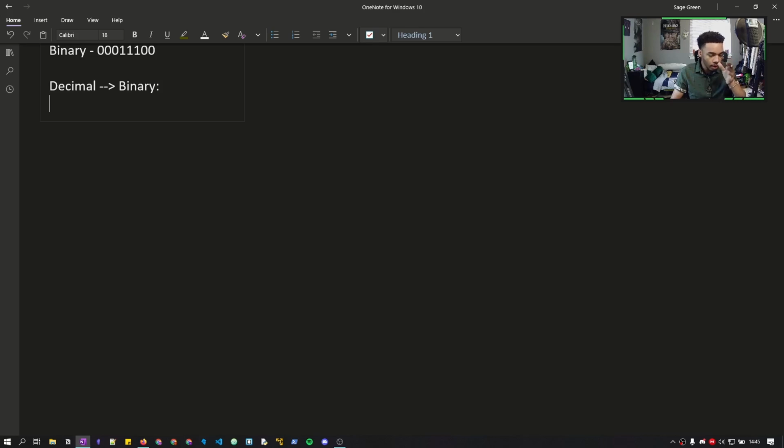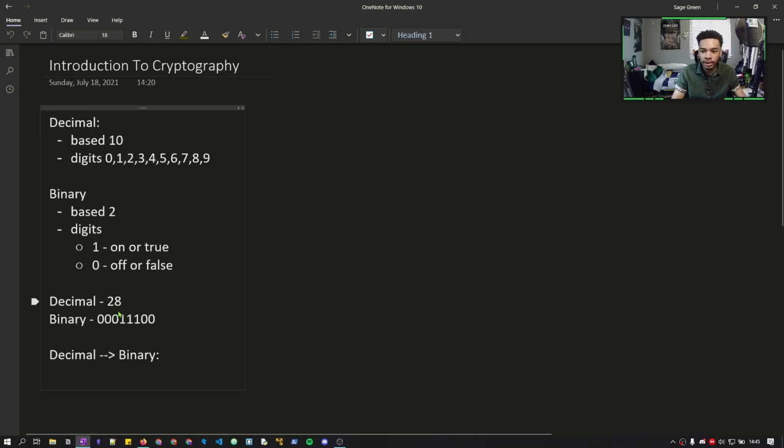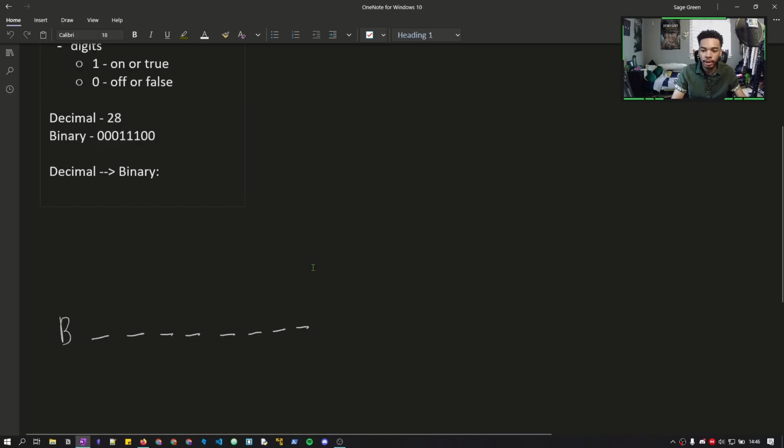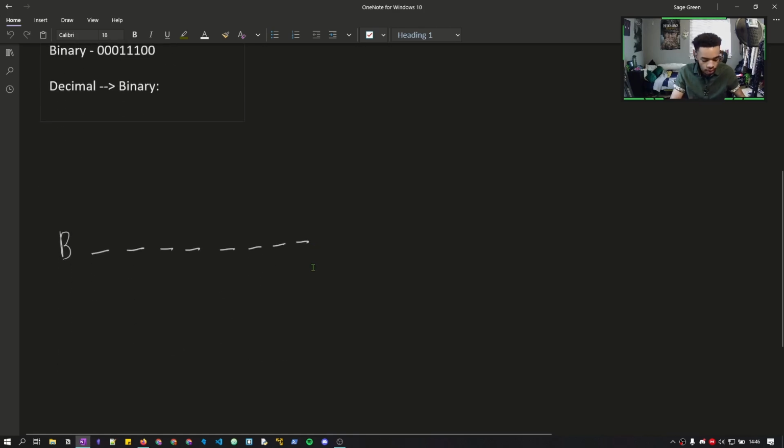I'm going to show you so you're not confused. A little bit further down, I'm going to write a B, and we're going to do 8 little dashes here to represent the binary number, because binary numbers have 8 bits in them. Remember, 8 bits, 1 byte. I'm trying to get that in your minds.